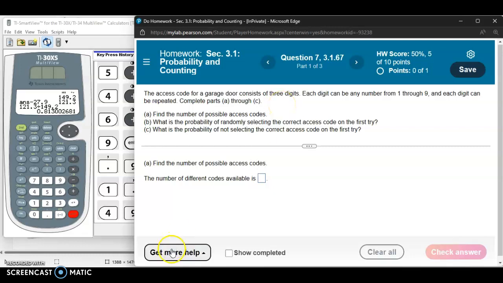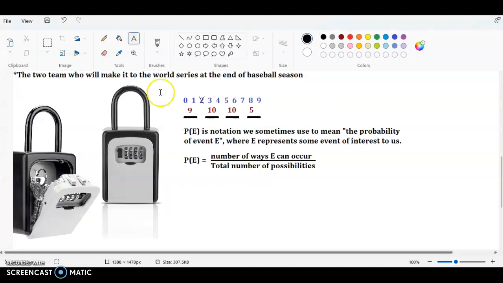So try to imagine the example in the previous video, where we were picking the numbers for a combination to a lockbox. But this time we're picking 3 numbers to get an access code. And we're still using the digits 0 through 9, or rather 1 through 9. The problem says 1 through 9, rather than 0 through 9.